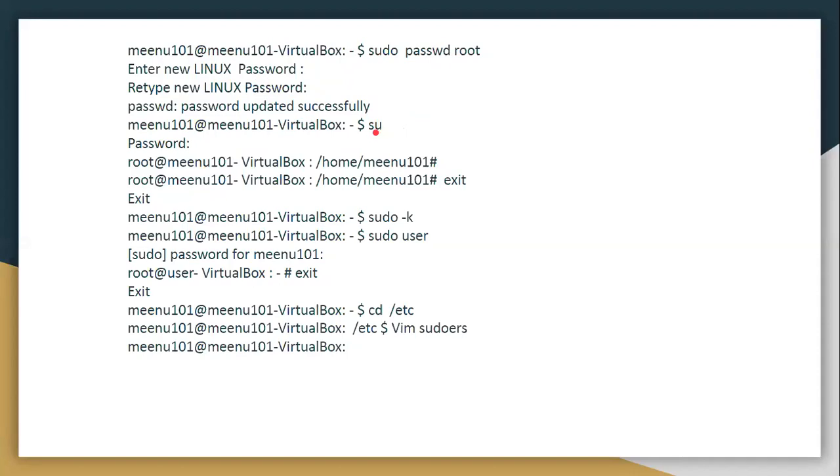I put the command su. Now the su command prompts me for the password. I put the password which I created here and I move to my root login shell, root@Minu101, with administrative rights. Fine. Then again, I told you about sudo -k.